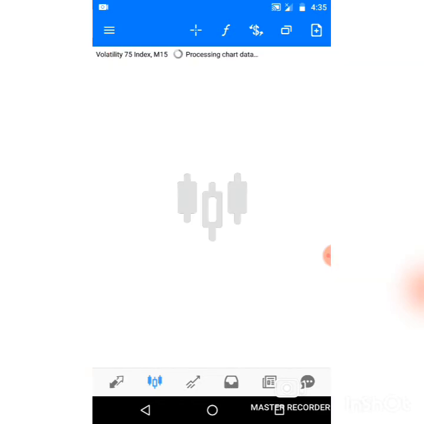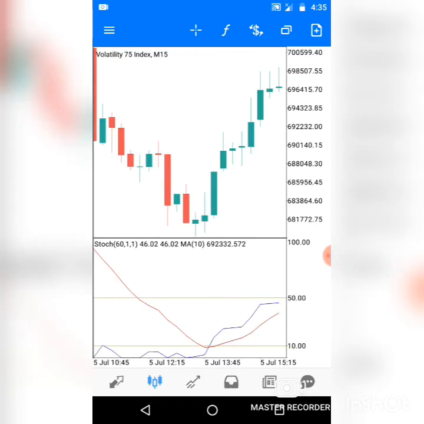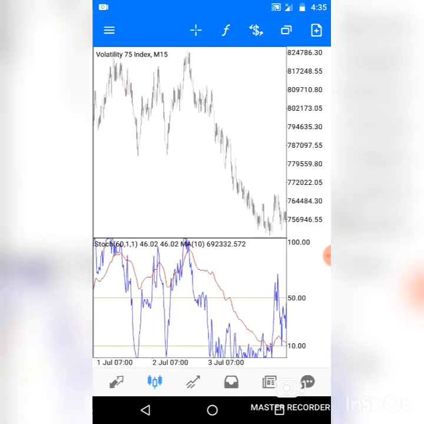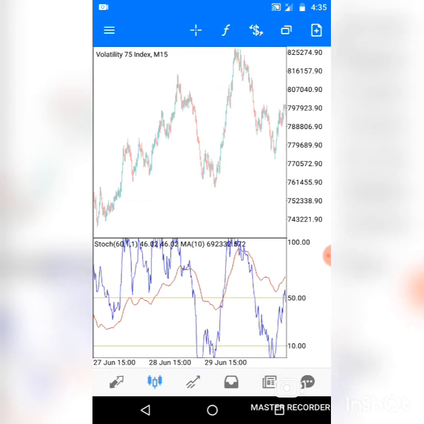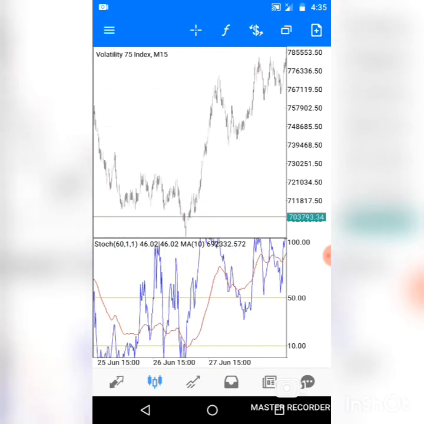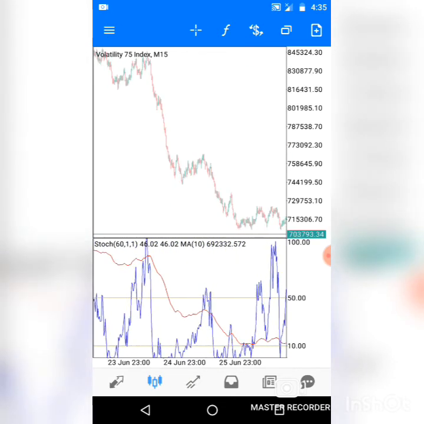So let's check another time frame. It works for all time frames. When it crosses, then you enter the market. I call this strategy Commando, because this strategy is the best strategy ever.